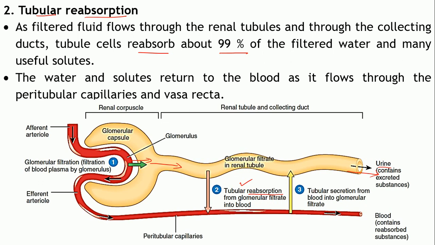Peritubular capillaries supply the tubules, and the vasa recta supplies the loop of Henle. So most of this water and the solutes are reabsorbed into the blood. It got filtered from the blood, and whatever is required is being returned back to the blood.